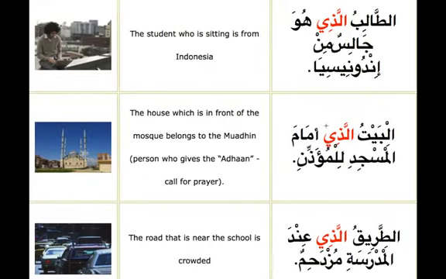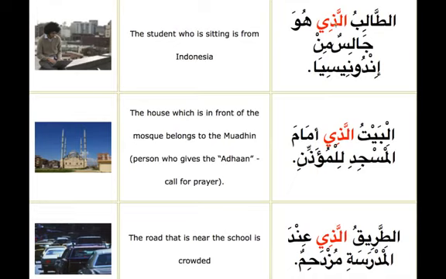A little bit more examples and we're coming to the end inshallah very soon. At-talibu, the student who is sitting, is from Indonesia. So we say At-talibu allazi huwa jalisun, the one he is sitting, jalisun, min Indonesia, from Indonesia. So remember, wherever there is no connection between two words, we can insert an is.